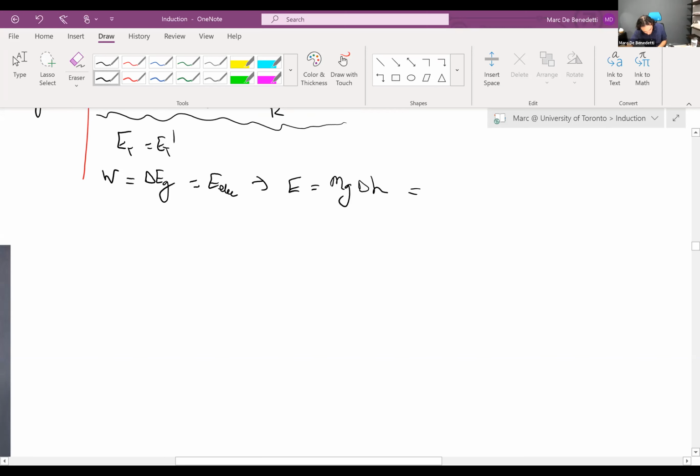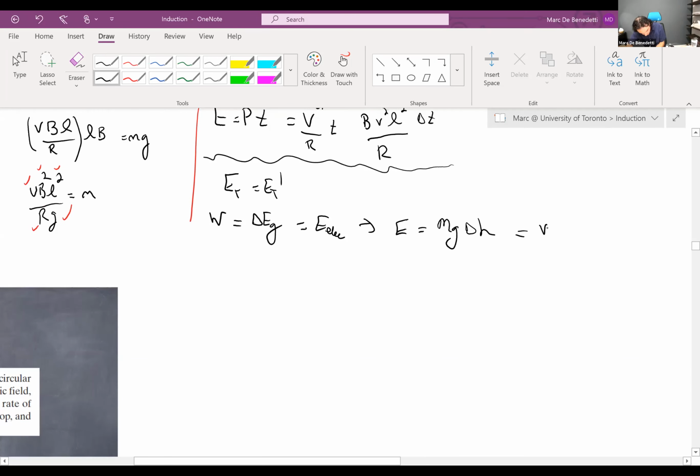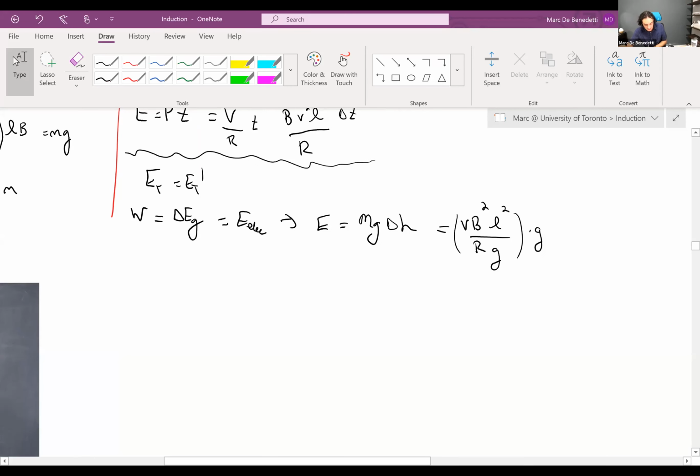So M, we know what M is. M is VB squared L squared over RG, that's M. G, and delta H. Delta H is the height that this rod falls over the time.